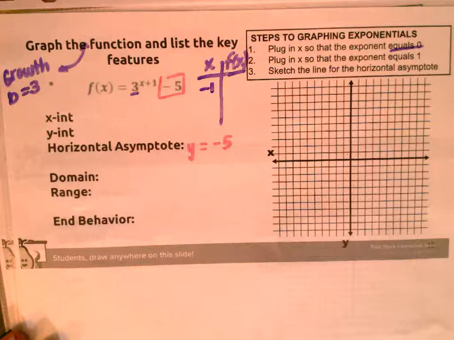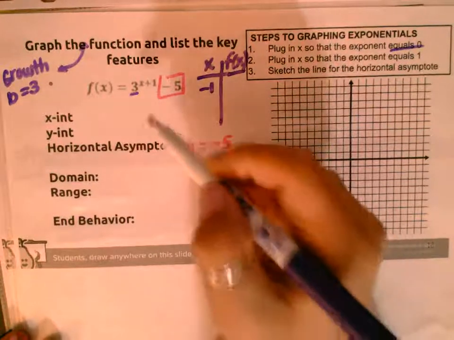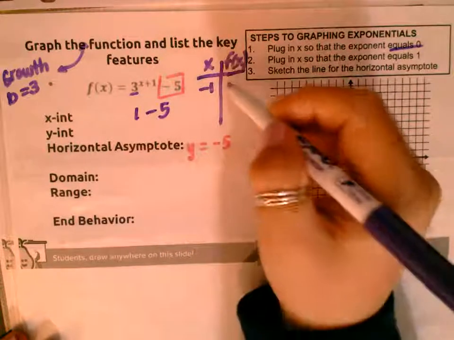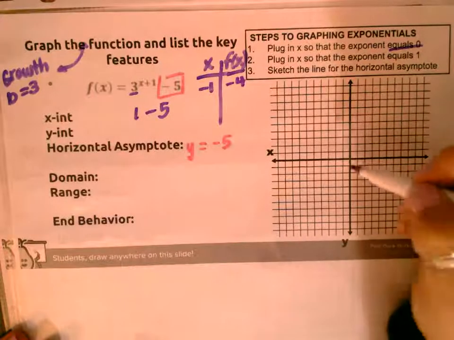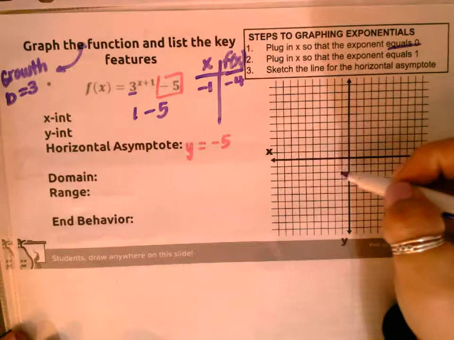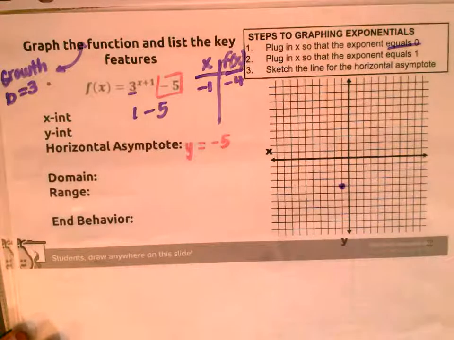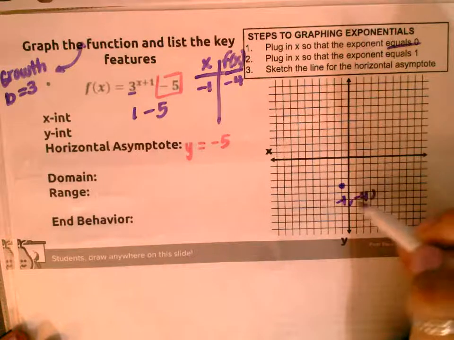And if I plug in negative 1, I get 3 to the 0, which is 1, minus 5. 1 minus 5 gives me negative 4. I have that point at negative 1, negative 2, negative 3, negative 4. And I'm even going to label it negative 1, negative 4.